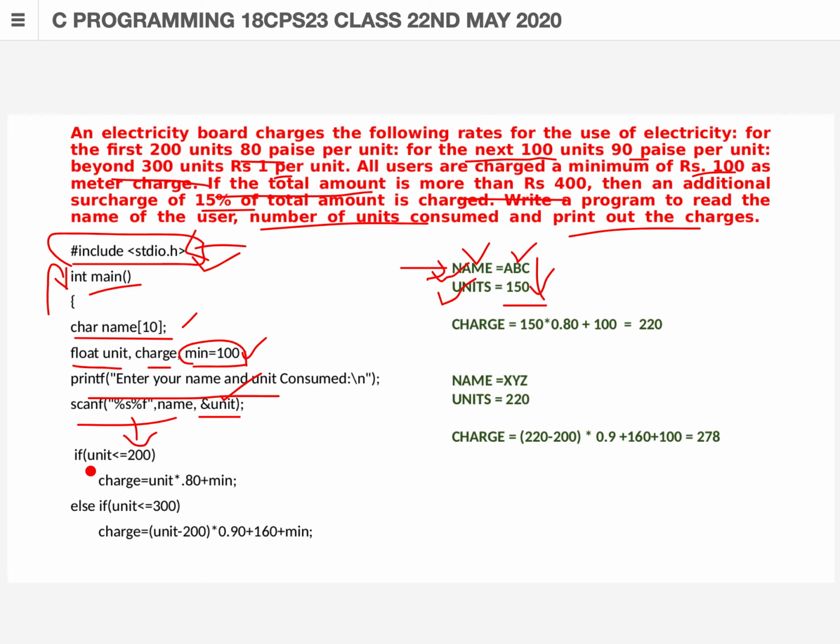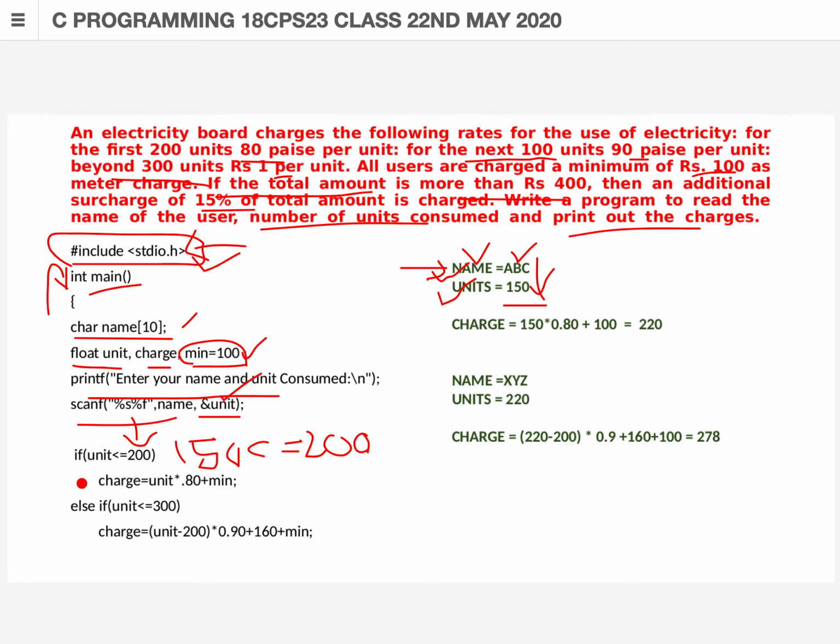Now we check: if the unit is less than or equal to 200, the units read are 150. Is 150 less than or equal to 200? Yes, so the condition is true.